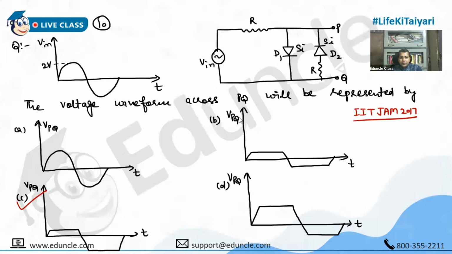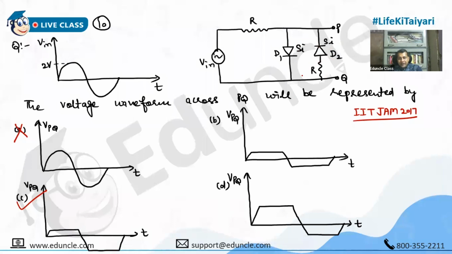No, Rita, it's C. Let me tell you how. During the positive half, only diode 1 can be forward biased. This cannot be forward biased. And when the input voltage gets beyond 0.7 volt, this will get on and it will keep the output voltage equal to 0.7 only. So this one got eliminated.